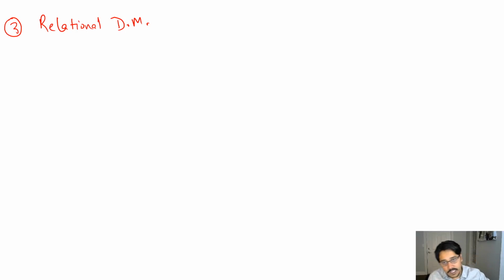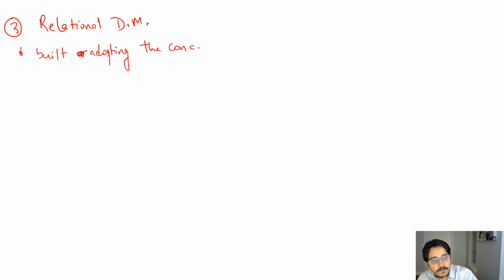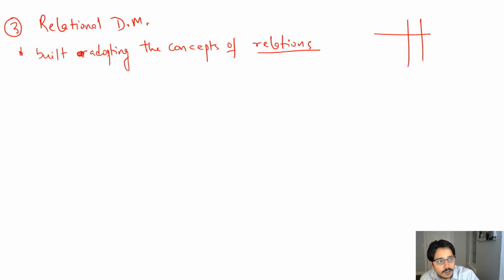Right? So the relational model was built using or adopting the concept of relations, which is basically a mathematical concept that states that the intersection of a row and column, so if you have a row and a column, will be used to represent a particular data item.